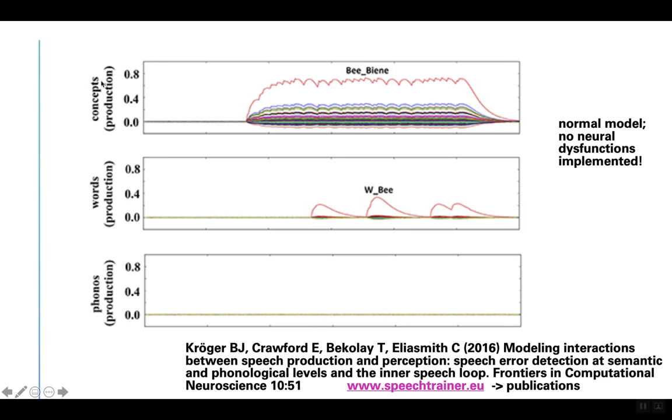if during the production pathway we get a full activation of the word, here of the word bee, it may happen, despite the fact that the associative memories work correctly and all works correctly, that in some very rare cases, we get no word activation or just a very, very unsatisfactorily small word activation, which does not lead to more activation on the lower levels.